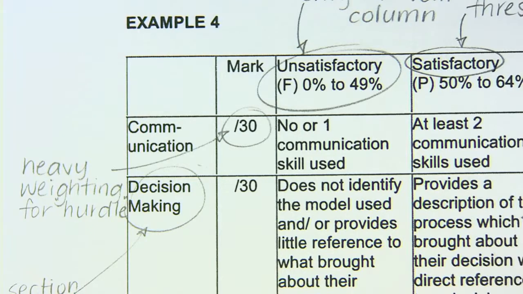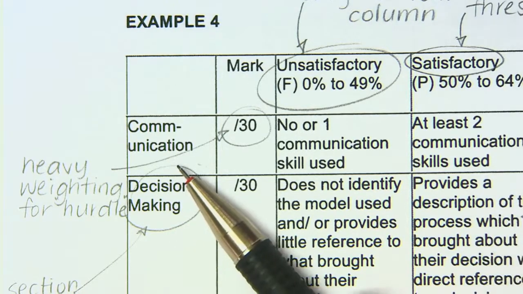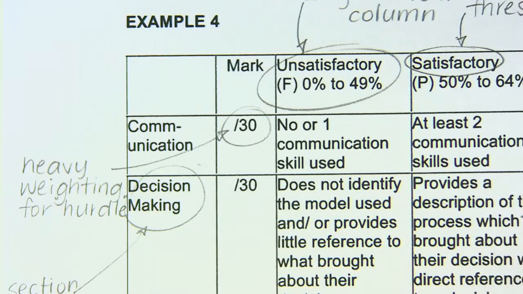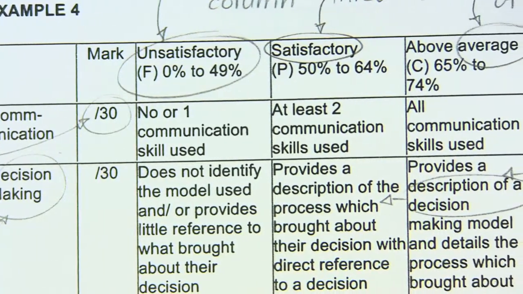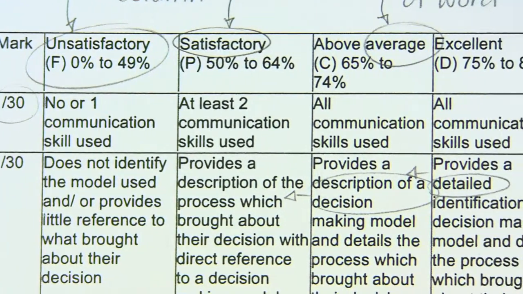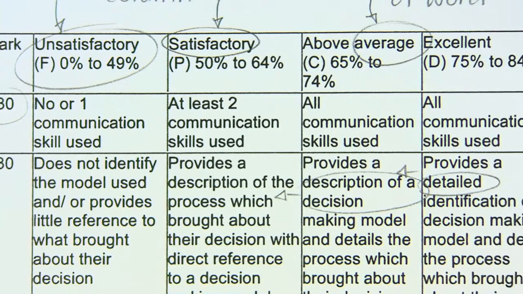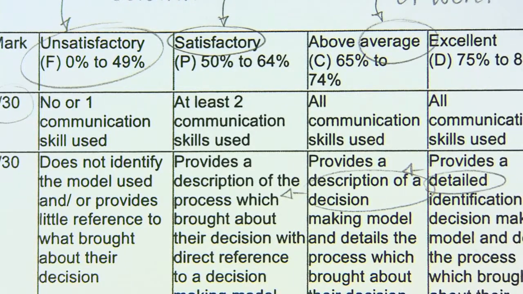What is meant by communication becomes clear when you read across that particular row, and we notice that it is about the number of skills the student has used in communicating.